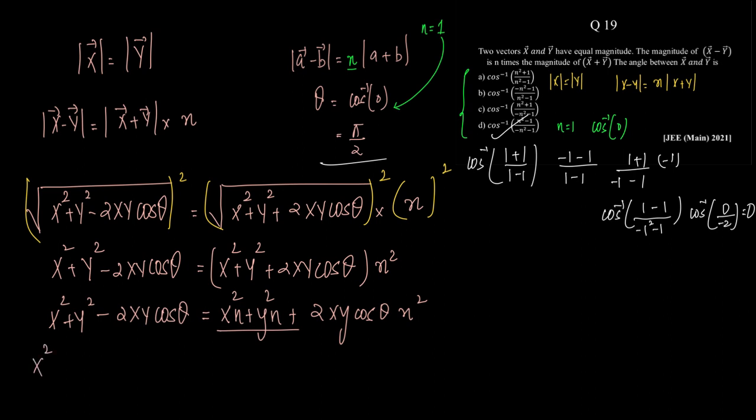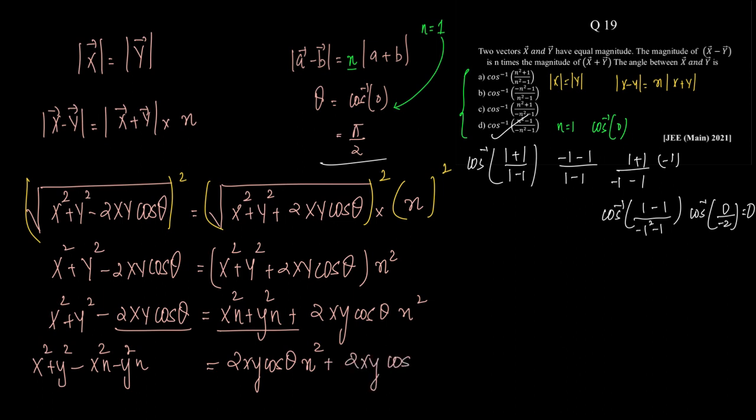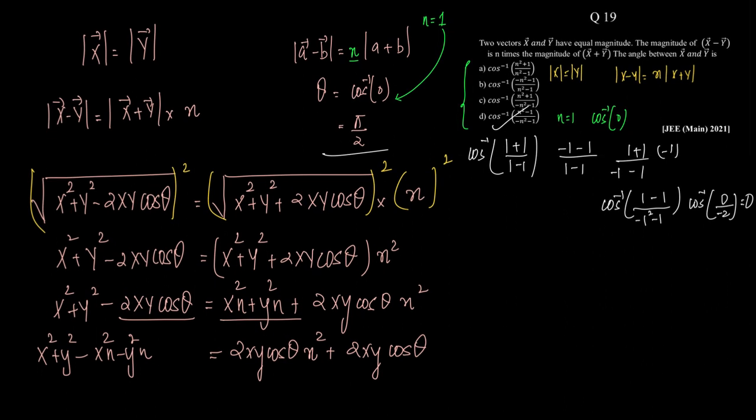What we get is x square plus y square minus x square n square minus y square n square is equal to, taking this term to the RHS, 2xy cos theta into n square plus 2xy cos theta.